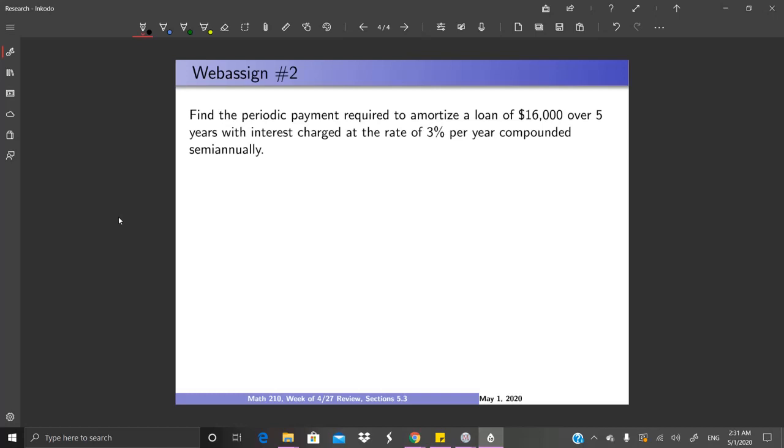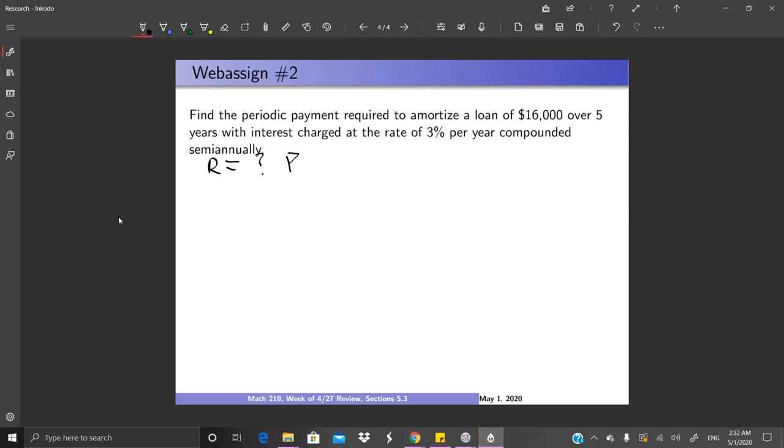All right, but this is what we're trying to find: the periodic payments. Payments are usually R in our equation. Anything that has to do with a loan, that's the value of P. Rates, that's a little r, and compounded semi-annually tells us that M is equal to 2. So let's write it all down here. We're trying to find R. This says find the periodic payments.